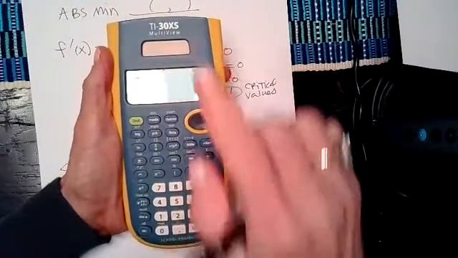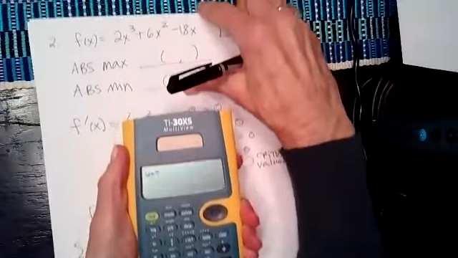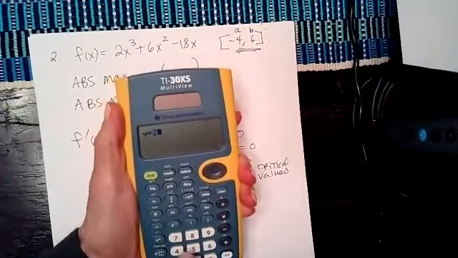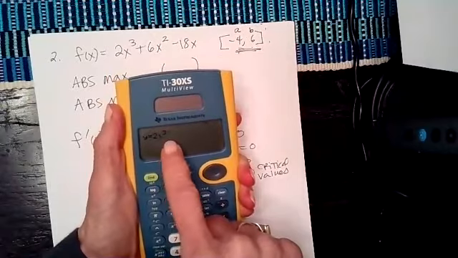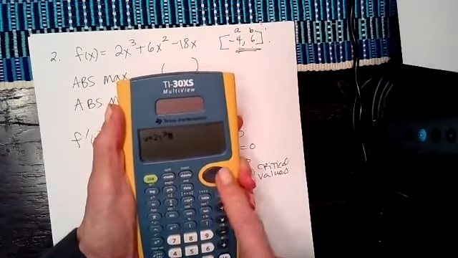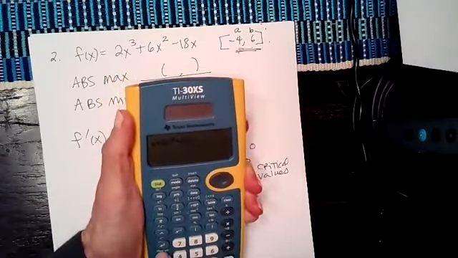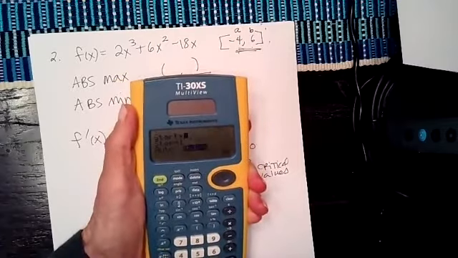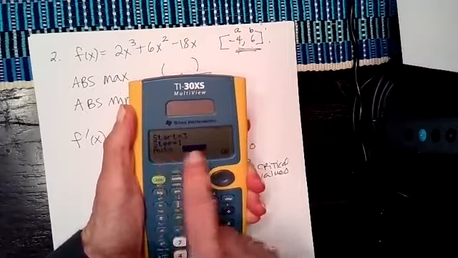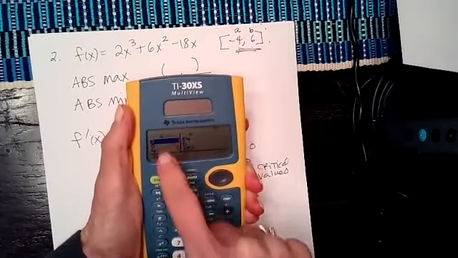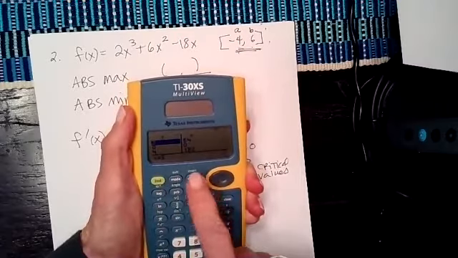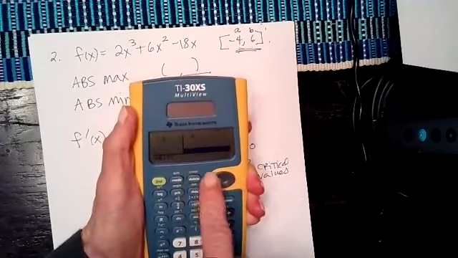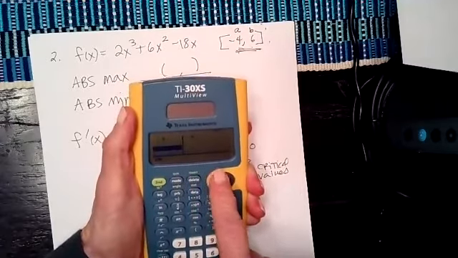And so I put in my original function, okay, 2x to the third, and then you have to come down, plus 6x squared minus 18x. Okay, and I just push enter, enter, enter. Once you put it on ask, you don't have to do it again. I like to clean up my table, so I delete. Don't clear it, it clears your function out. So delete, delete. So now I have a clear table.